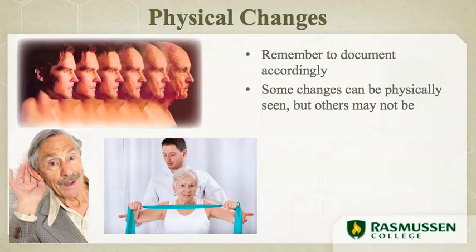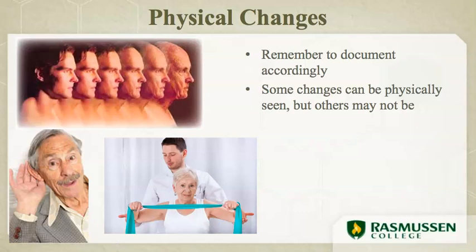The systems that you will be able to notice a physical change on would be things like the integumentary system, nervous system, sensory system, musculoskeletal system, and the respiratory system. But there are some changes that you may not see, though they do have physical changes. Things such as the urinary system, digestive system, cardiovascular system, endocrine system, and the reproductive system.